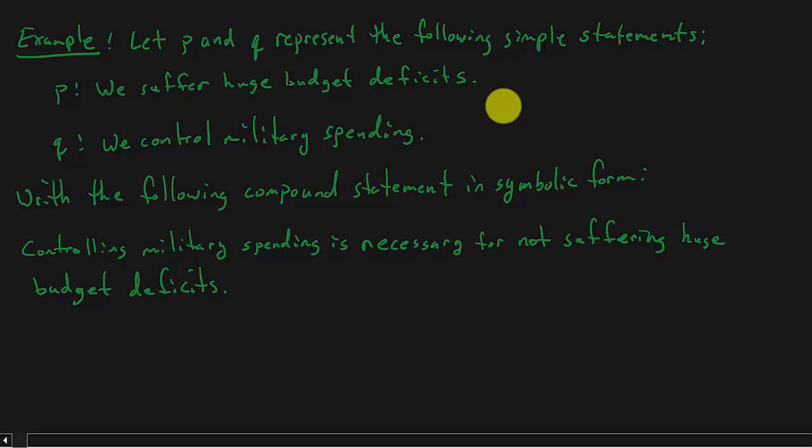So let's look at an example. It says, let P and Q represent the following simple statements. P is the statement we suffer huge budget deficits. Q, we control military spending.